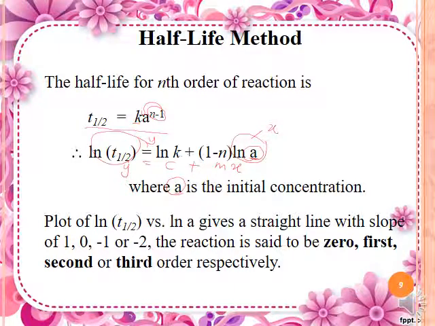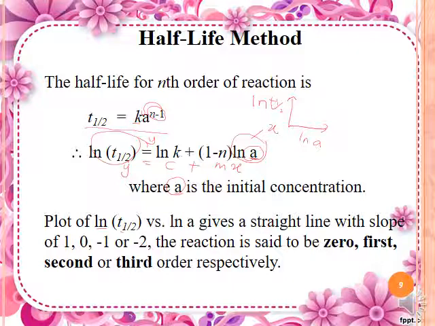So if we plot ln half-life versus ln a, it will give us a straight line with different slope for different order of reaction.